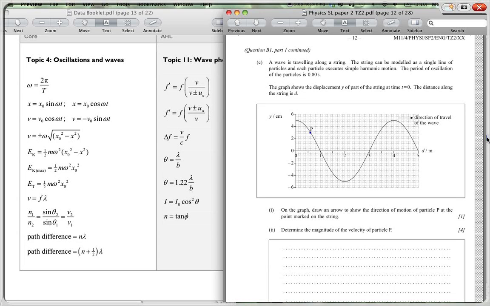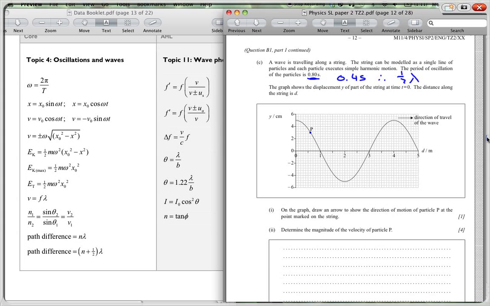Now, we've got to do it on the graph. We know that our period is equal to 0.8, so 0.8 seconds is the full period. So 0.4 seconds is half the period, and therefore corresponds to half a wavelength difference.